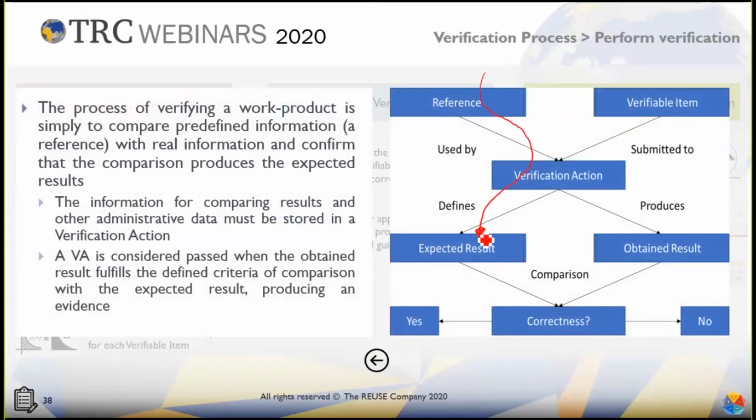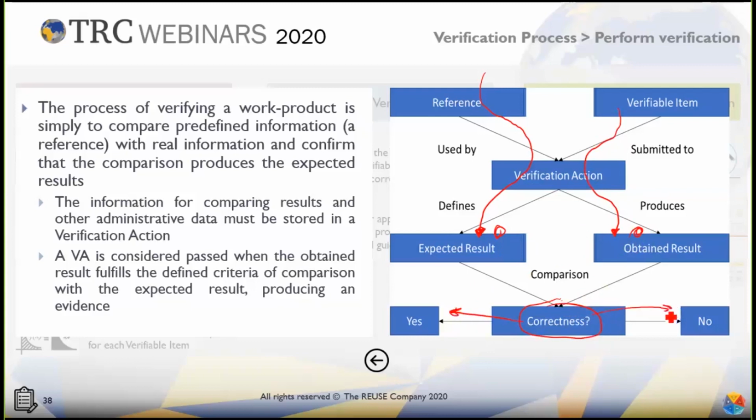And on the other side, you have the verifiable item, which, through the verification action, is also recording an obtained result for the verification. And once you have the expected result and the obtained result, you have to do a comparison. You confront these two elements, and based on this comparison, you can have a yes or you can have a no.